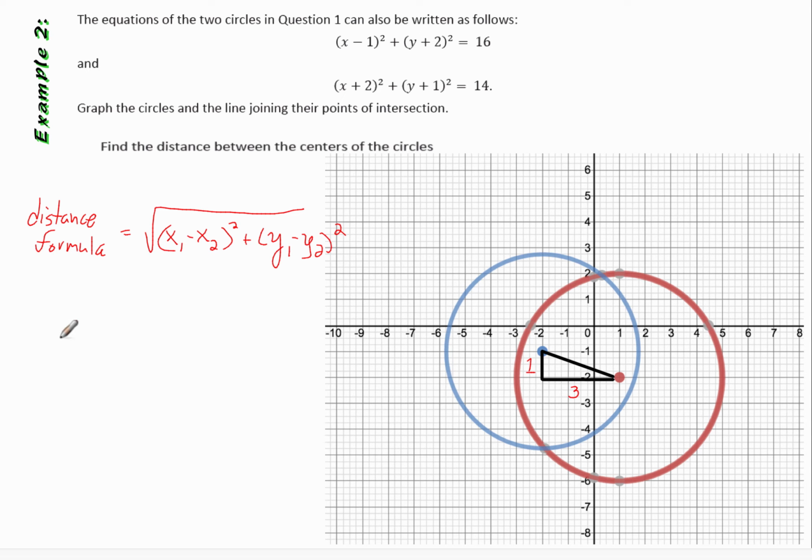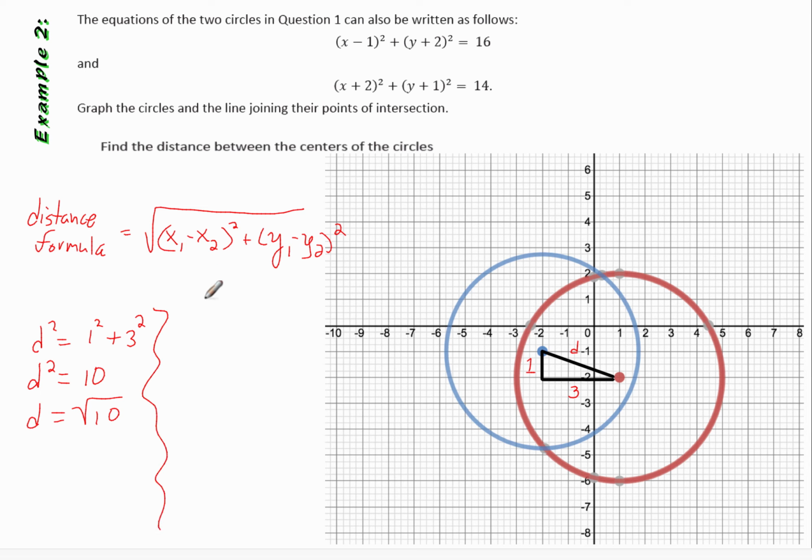So I'm going to do Pythagorean's theorem because that will give me the distance between the two centers. So the distance squared is 1 squared plus 3 squared. D squared equals 1 plus 9, which is 10. So the distance between those two centers is the square root of 10.